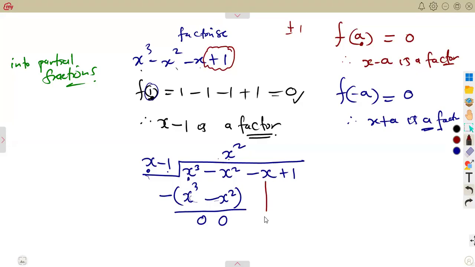But there are remaining terms, even though you are obtaining a 0 there, the minus x plus 1. So you're going to drop these terms, then you divide. Minus x to this x, that is a minus 1. Minus 1 multiplies everything. So it's minus 1 times x, which is minus x, minus 1 and minus 1, that's a plus 1.